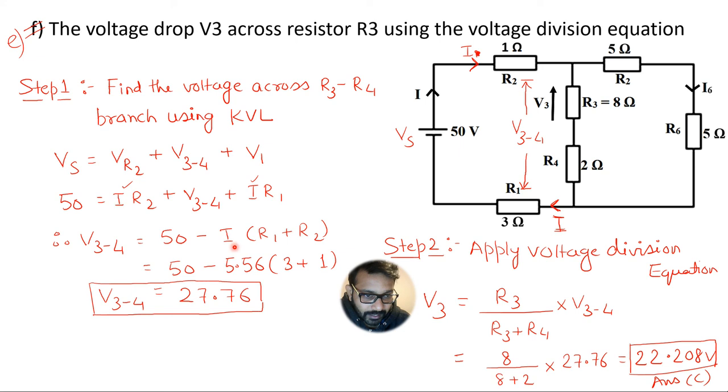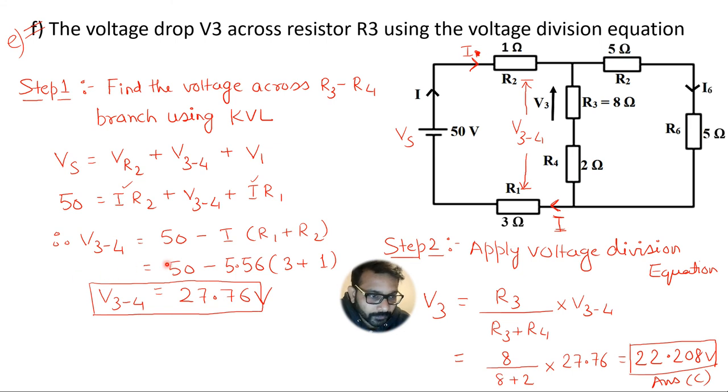So in brackets it is R1 plus R2. All these values are given. I simply substitute the values and calculate the voltage drop across R3 and R4. It comes out to be 27.76 volts.